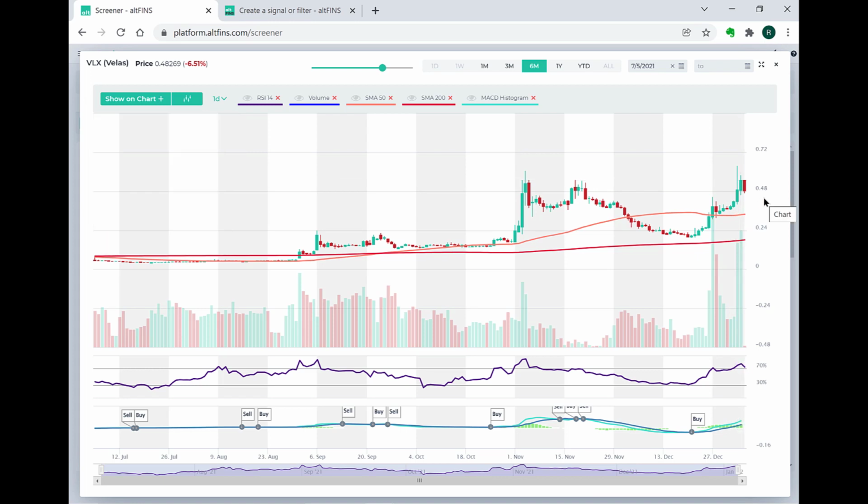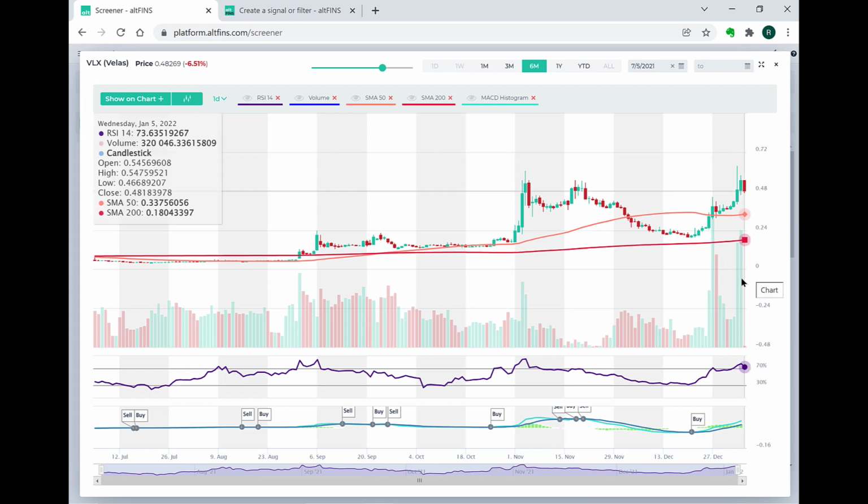The other thing that I really like about this action is when you look at the volume. Wow, huge, way above average volume in the last few days on the way up, on the up days particularly, while the down days have typically a lower volume. So clearly the demand from buyers is easily exceeding the supply from sellers.